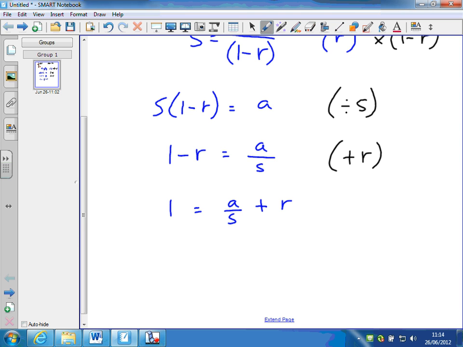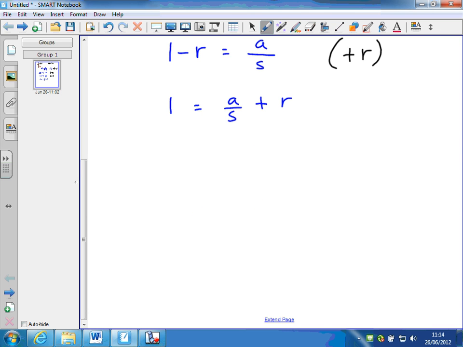Subtract A over S from both sides. So 1 minus A over S equals R. It's normal to write the formula so that the subject, in this case R, is on the left hand side. So write R equals 1 minus A over S. And that's one form of the answer that's given in the text.